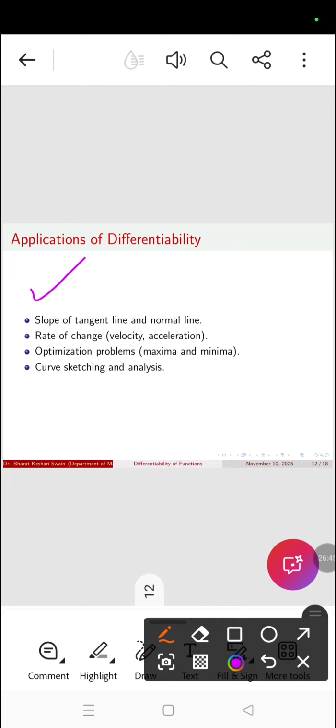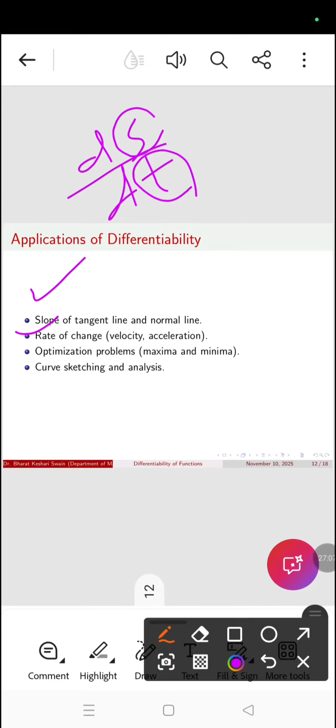Then this represents a rate of change, because this is the derivative of a function with respect to another function. Velocity is ds by dt, the derivative of displacement with respect to time. So this is the rate of change of s with respect to t.